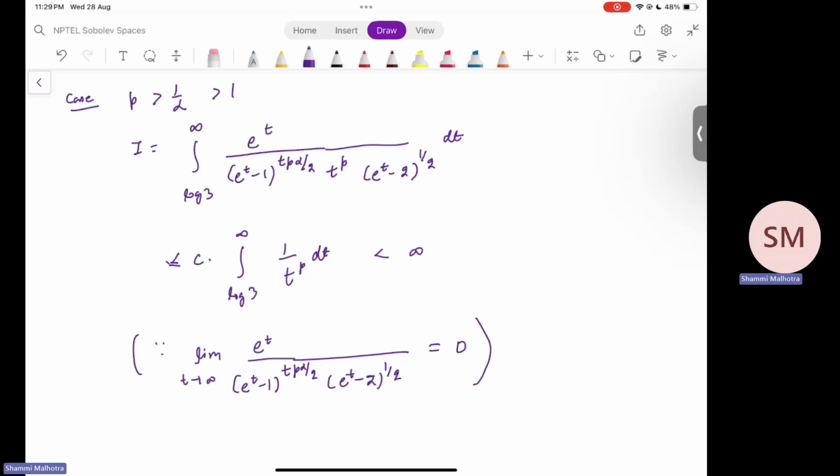Since that is the case, we have this upper bound of a constant, and this will give the integrability property over Sobolev function.